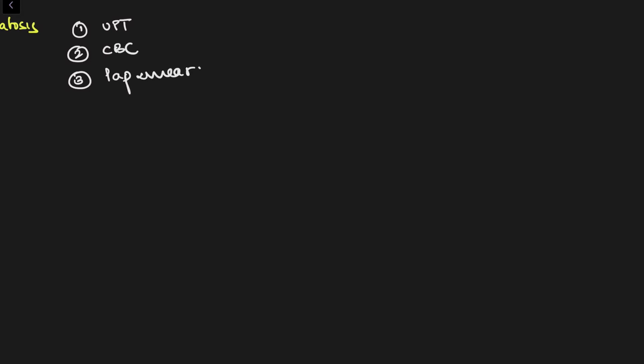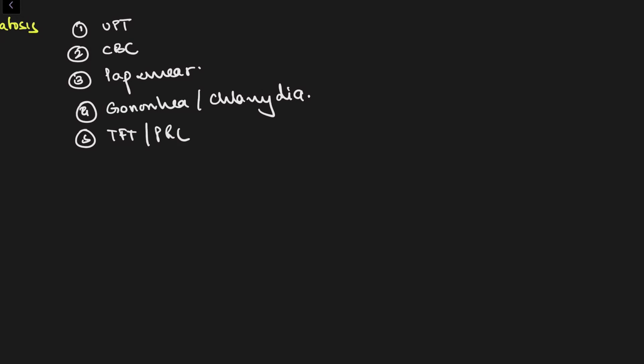Then we also need to rule out any infection due to gonorrhea or chlamydia, as it can lead to bleeding due to cervicitis. Then thyroid function test and prolactin to rule out hyper or hypothyroidism and hyperprolactinemia.